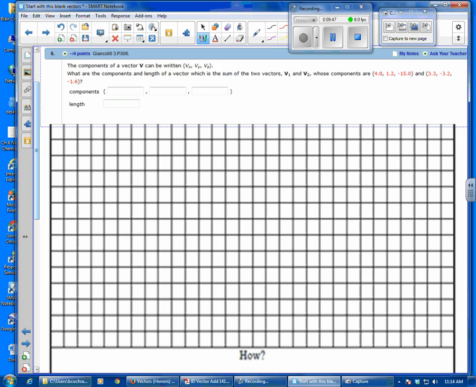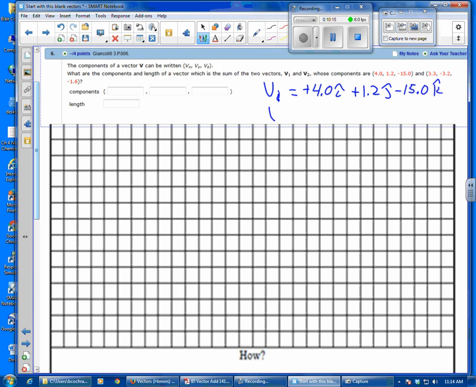So I'm going to write v1, which would be positive 4.0 i plus 1.2 j, minus 15.0 k.